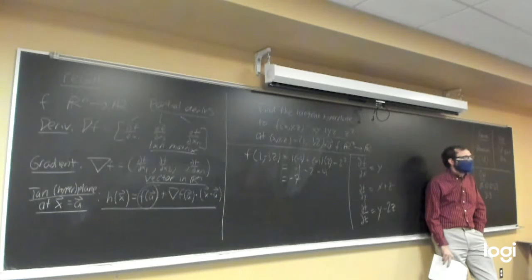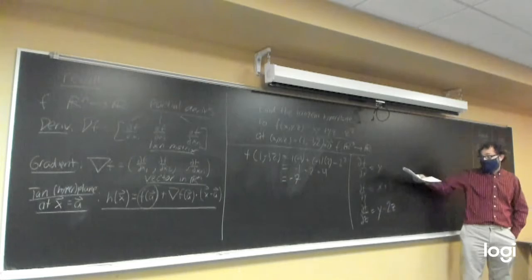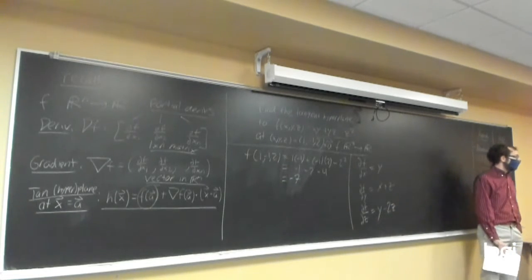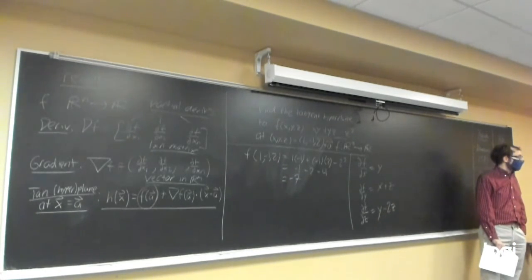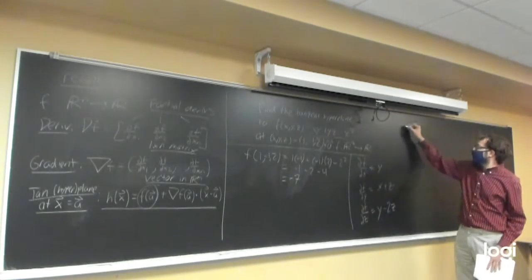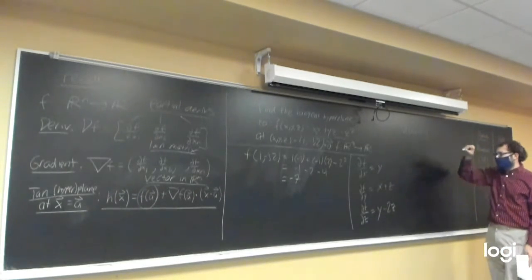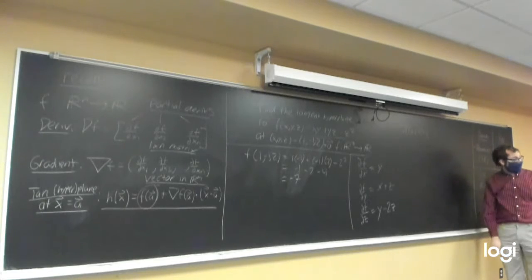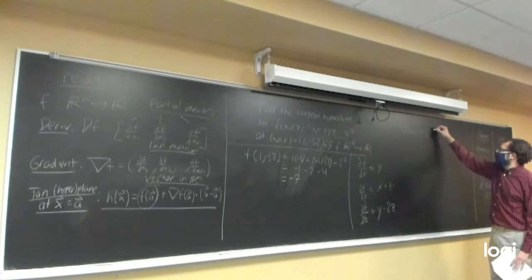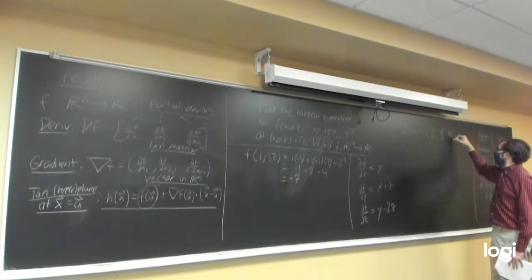Well, let's see. Holly, do you have any thoughts as to what we should do with these three partials? The gradient, so you would put them into the gradient form. We plug these into our gradient vector, which is just going to be a vector made up of del f del x, del f del y, and del f del z.